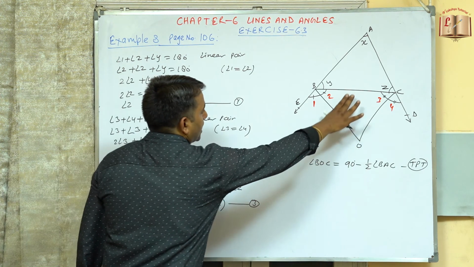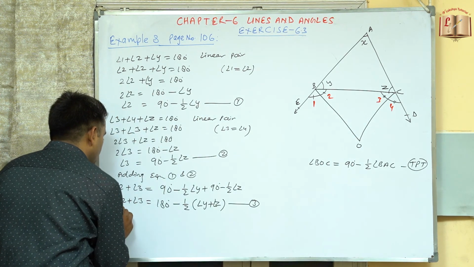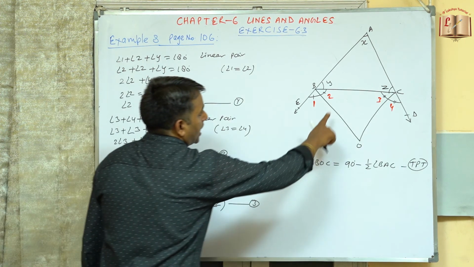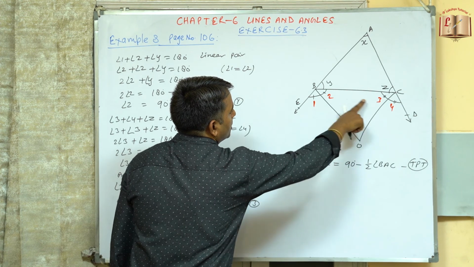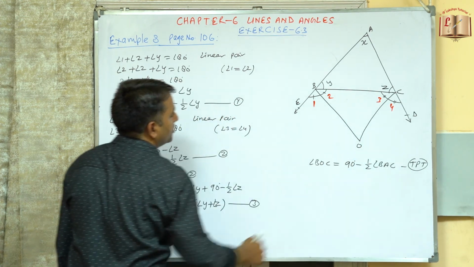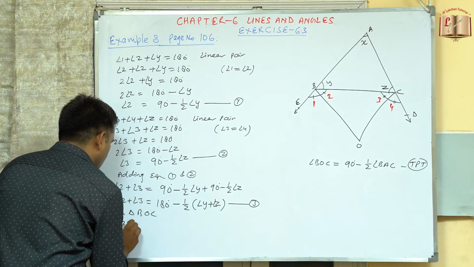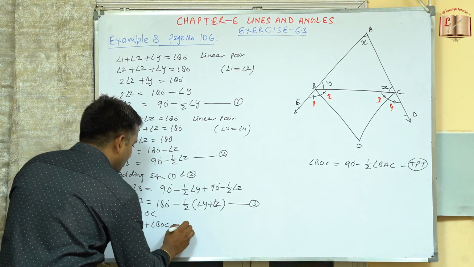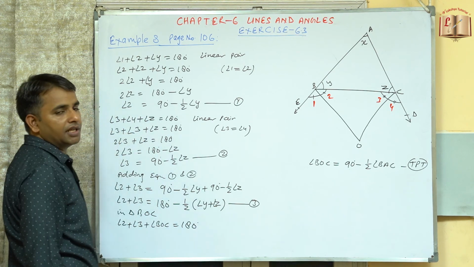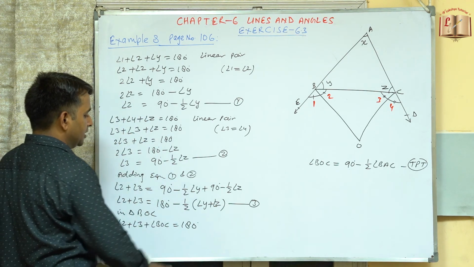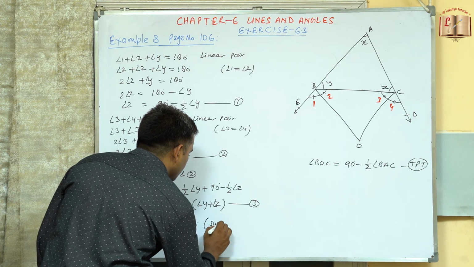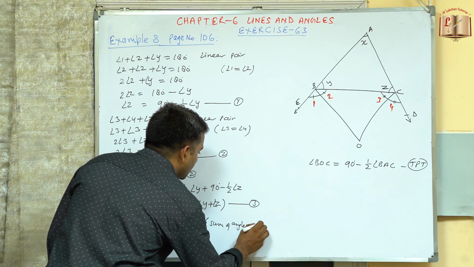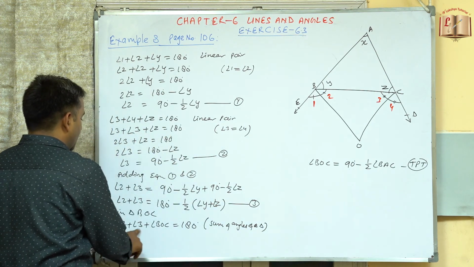Now see that in triangle BOC, angle 2 plus angle 3 plus angle BOC will be equal to 180 degrees, by the angle sum property of a triangle, the sum of angles of a triangle.